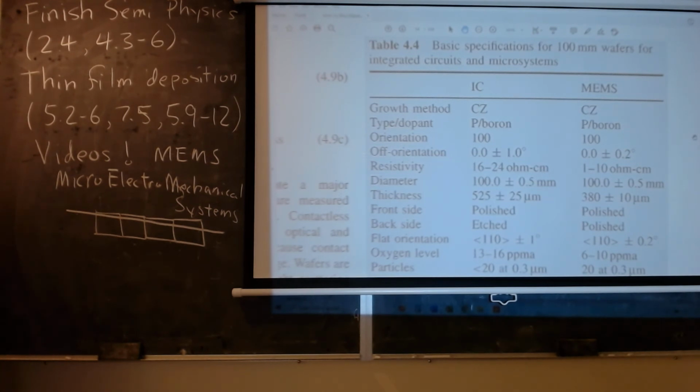A MEMS device is a device where you are fabricating a particular mechanical structure. There are MEMS devices that you fabricate that have static and dynamic mechanical structures. The best example of a static MEMS device is the print head in your inkjet printer.